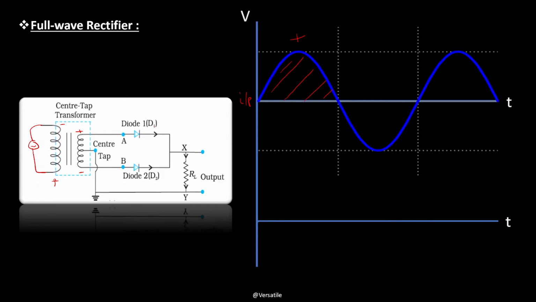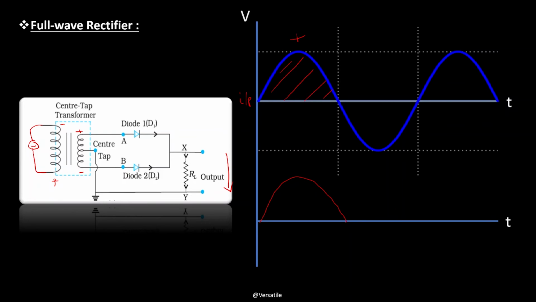So only diode D1 will conduct in this half. So the diode D1 will conduct and the current will flow to the load resistance RL in the direction X to Y, and we'll get the output here.